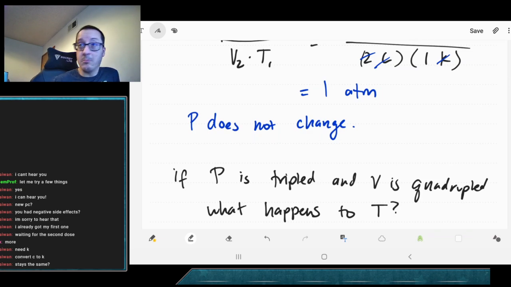Again, make fake numbers. If you're not given any, you have the freedom to choose whatever you want. As long as you're following that pressure is tripled and volume is quadrupled, you will end up with the same answer no matter what numbers you chose.